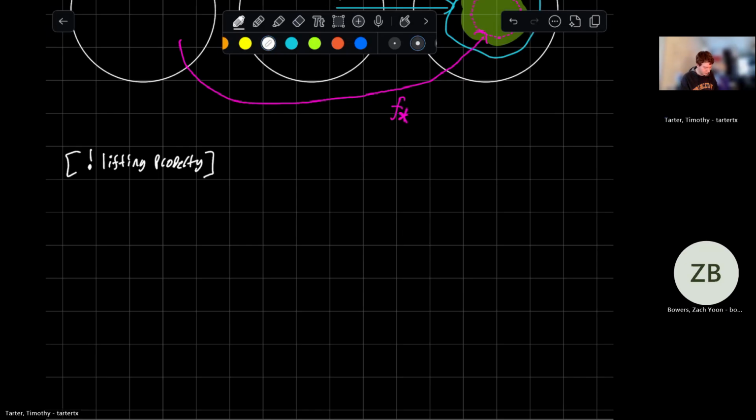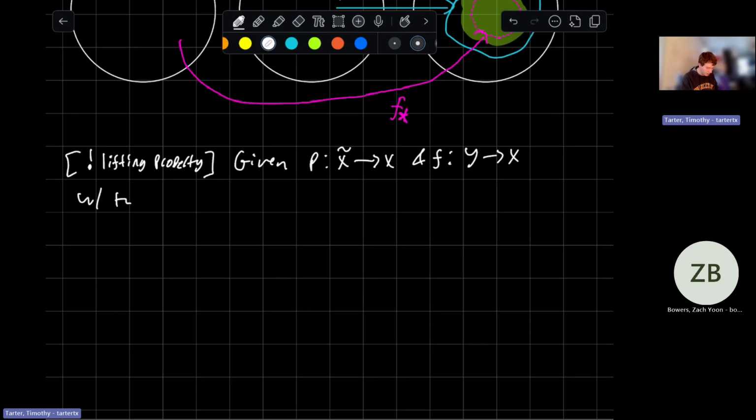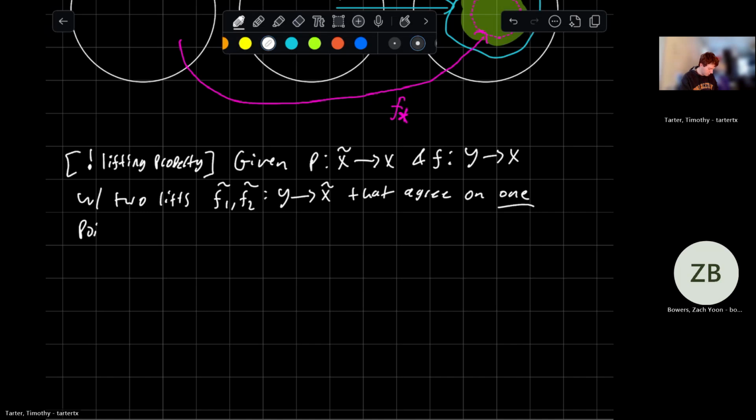Given two lifts that agree on one point in Y, if Y is connected, then f1 is equal to f2.